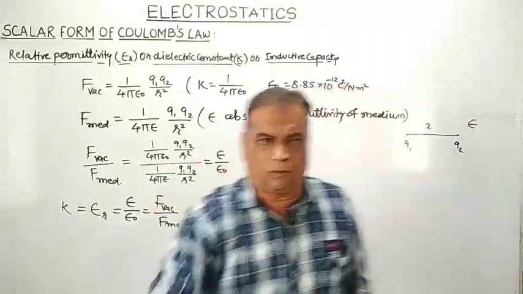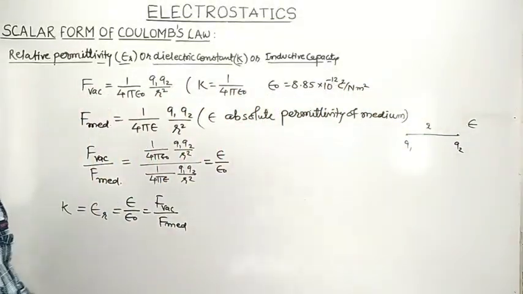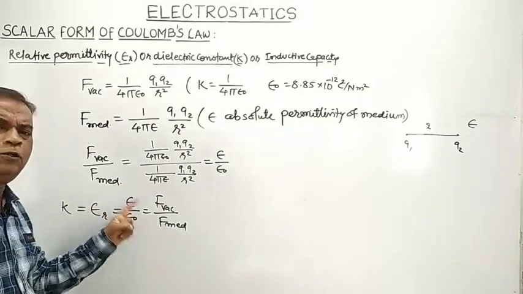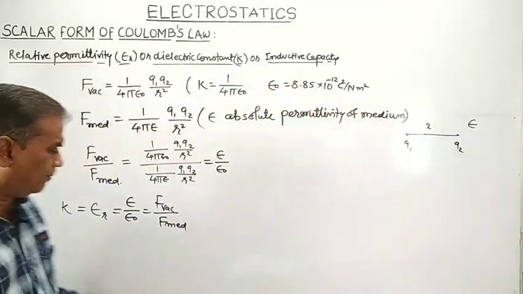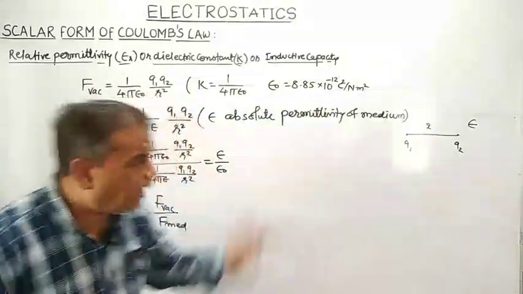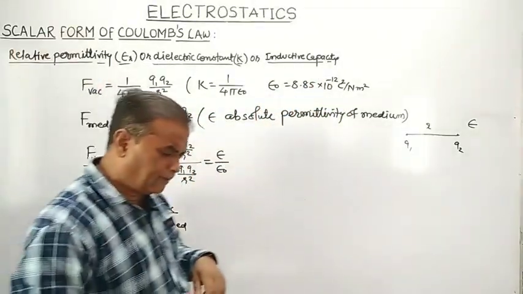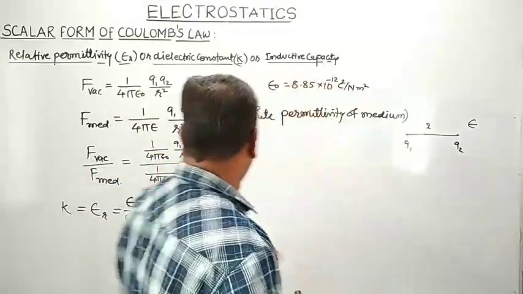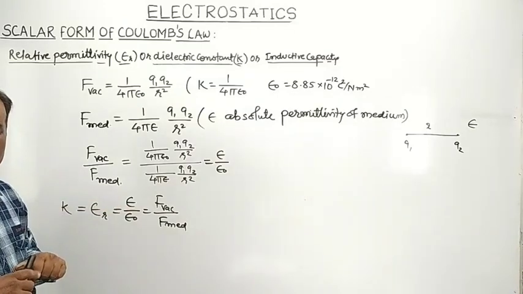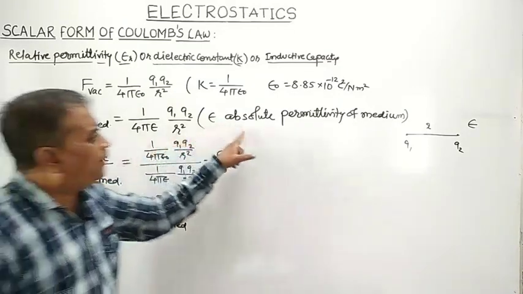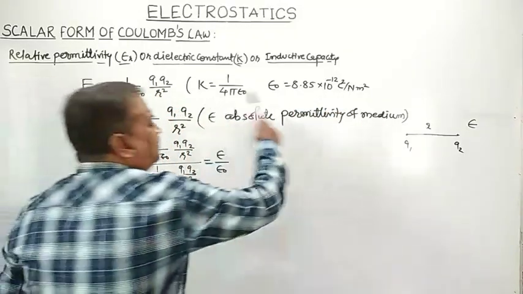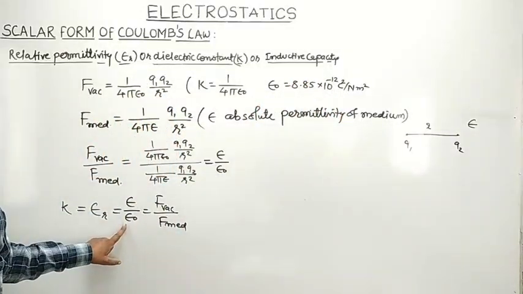It is defined as the ratio of absolute permittivity of the medium to the permittivity of free space.